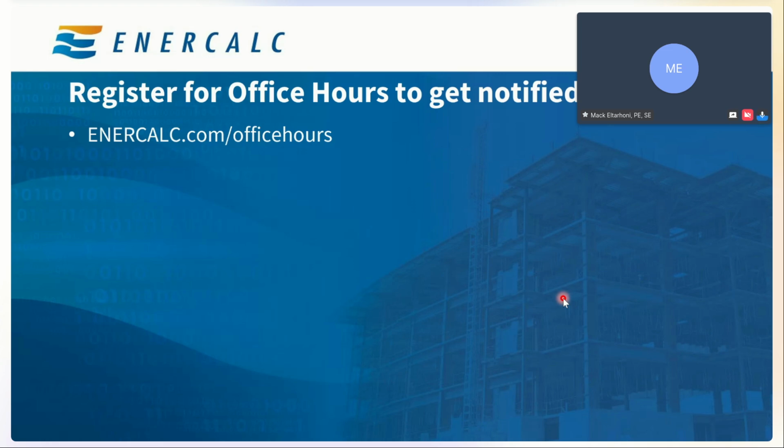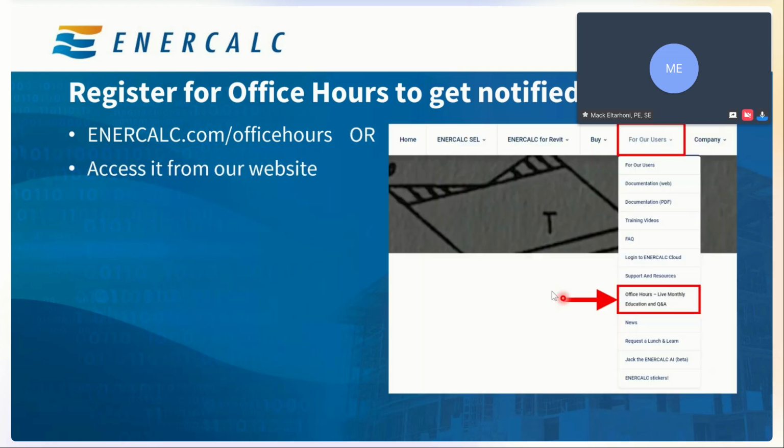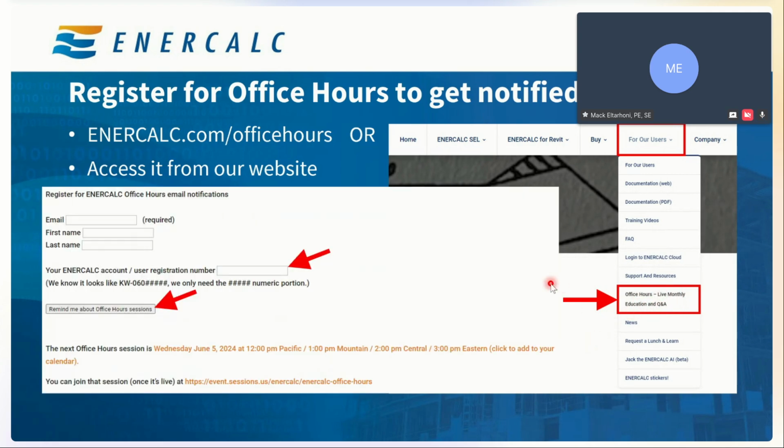With that being said, you can register by going to enercalc.com/office hours, and if you don't remember the URL, you can just access it directly from our website. All you need to do is go to our user tab right here, and then click on the office hours tab from the drop-down menu. This will take you to the registration page, which is very straightforward.